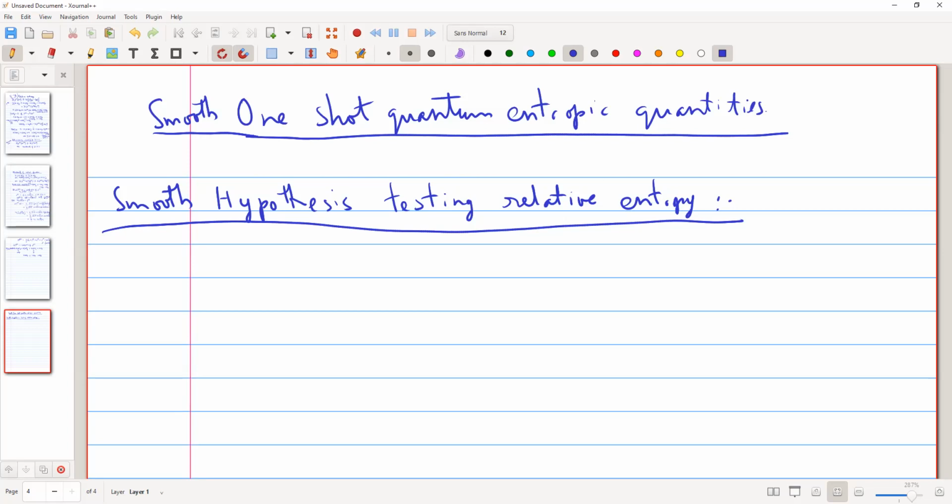To define the smooth hypothesis testing relative entropy at the alpha equal to 0 end, and the smooth max relative entropy at the alpha equal to infinity end. So let's start off with the alpha equal to 0 end. Okay, so just to summarize, this is almost the same as D epsilon zero, whatever that quantity is.